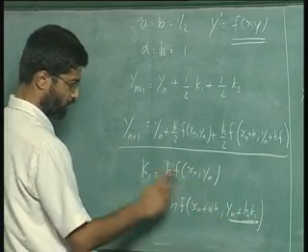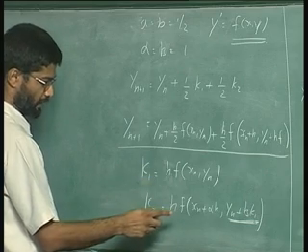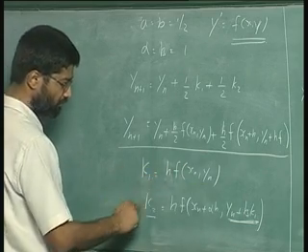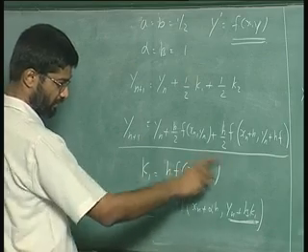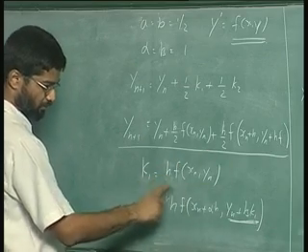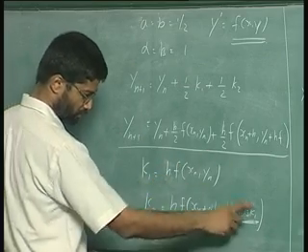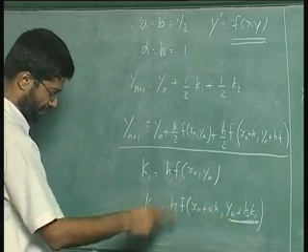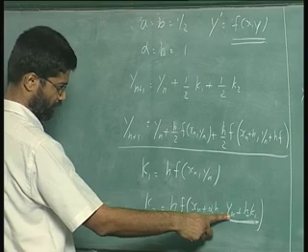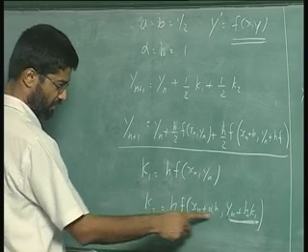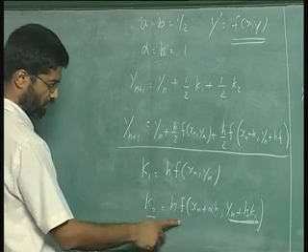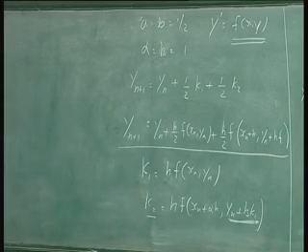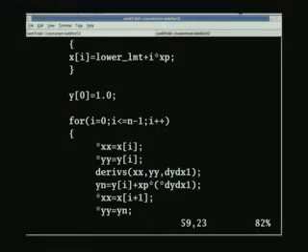First I make a call to the derivative program, which would return this function, and then I multiply that by h and add it to this one. Beta is 1, remember, so that I get this. Then I make a call again to that program with this y value and this x value, and that will return k2. Then I substitute both back here and I get yn plus 1. So that is what I am doing here.